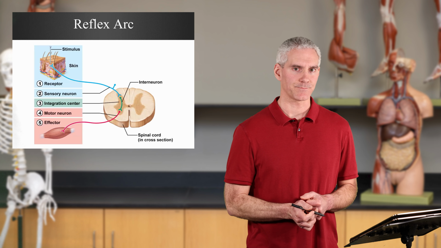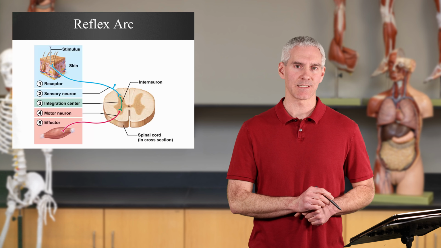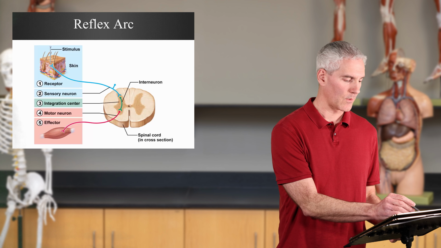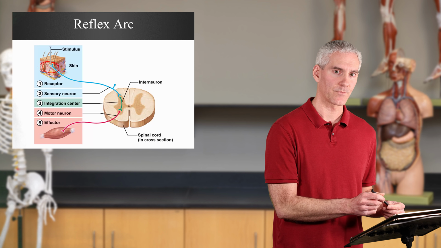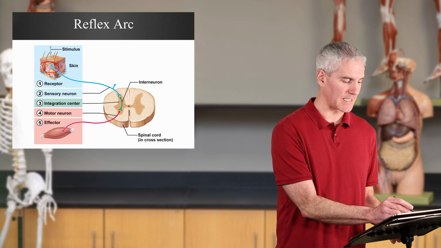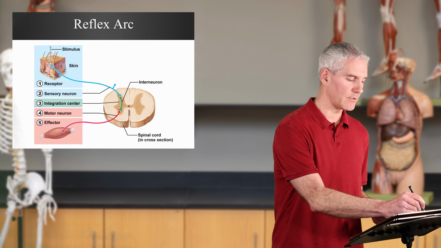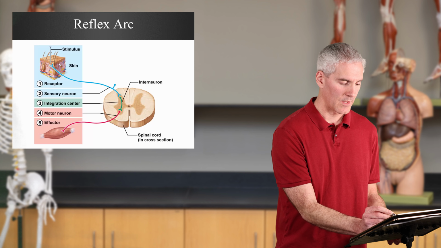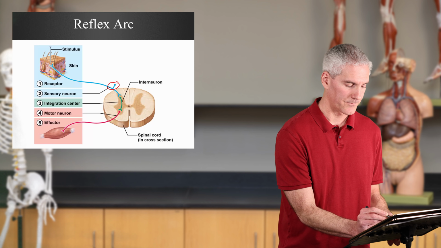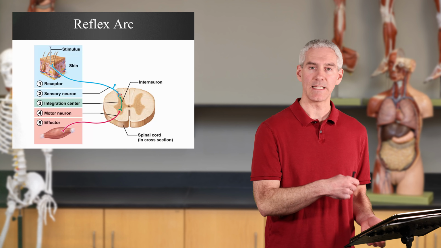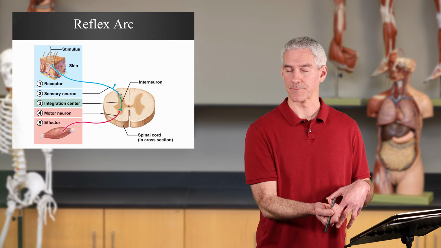To look at it this way, the pin in the skin is the initial stimulus. You have the receptor in the skin, which is right here. You have that receptor. It then sends the sensory neuron information in. Now that sensory neuron is bringing the information in. This would be the dorsal root ganglion here, into the dorsal horn. From there, you're now in the integration center, spinal cord or brain.